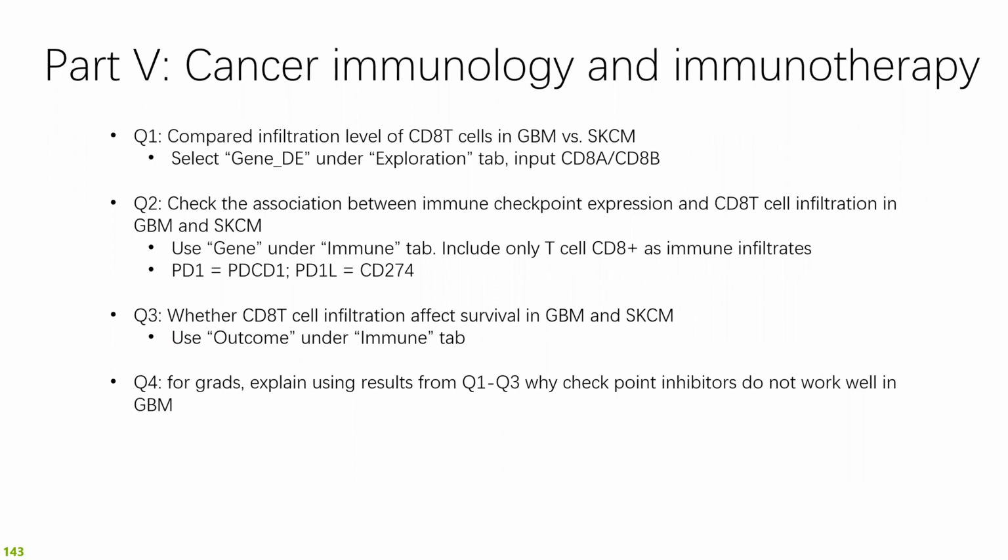In question two, you will be asked to check the association between immune checkpoint expression and the CD8 T cell infiltration level in glioblastoma and SKCM. You need to use Gene under the Immune tab and just include the CD8 T cells as immune infiltrates.